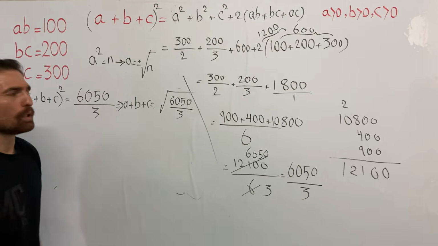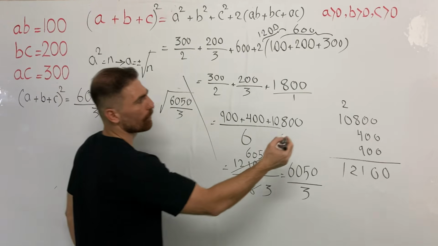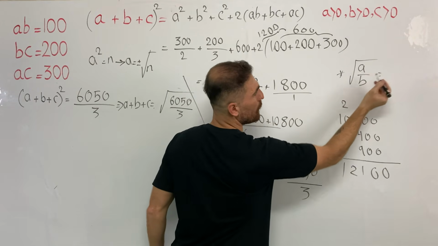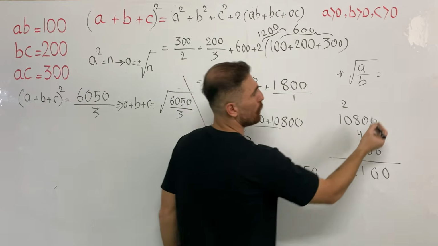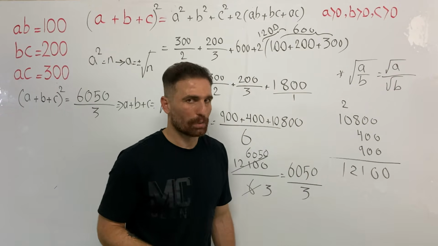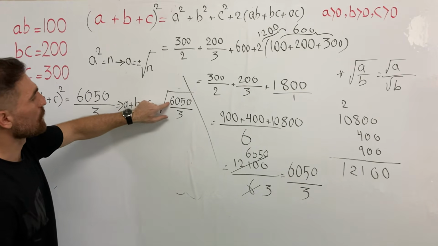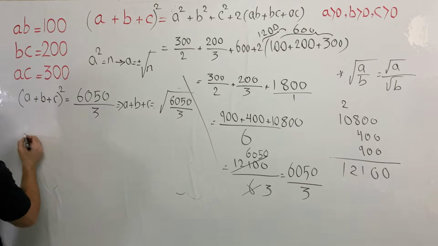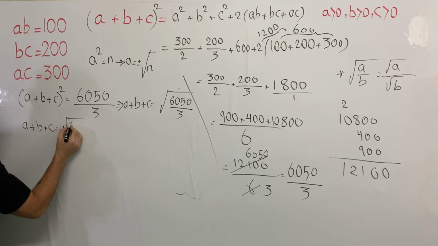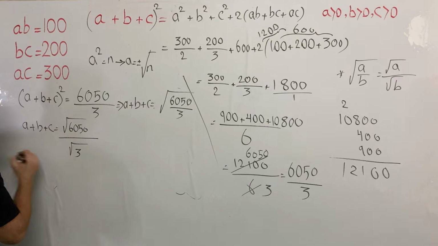Now I'm going to use next math rule that says if we have second root of A over B, it can be written in the form of second root of A over second root of B. Right, so second root of 6050 over 3 can be written as A plus B plus C is second root of 6050 over second root of 3.